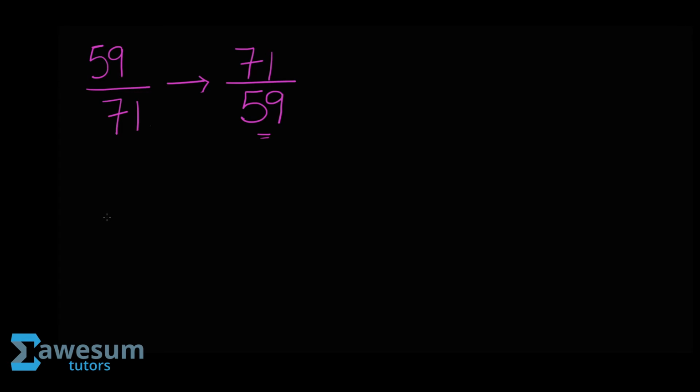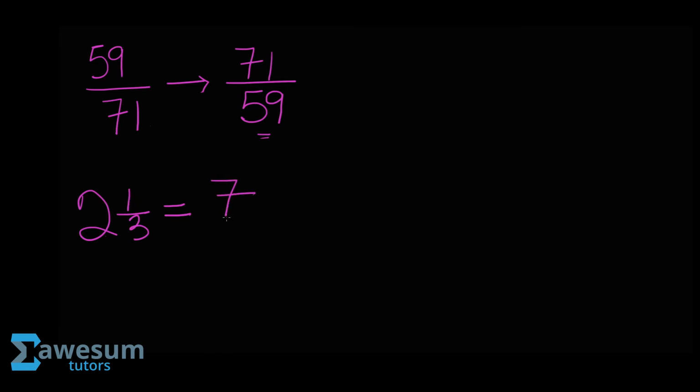Let's look at another example right here. In this case, we are going to be having a mixed fraction. Remember, in one of our videos, we explained how to convert a mixed fraction to an improper fraction. So the first thing you want to do here is to convert this mixed fraction to an improper fraction. So 2 whole number 1 over 3 gives you what? Let us do that. 2 times 3 is 6. 6 plus 1 is 7.